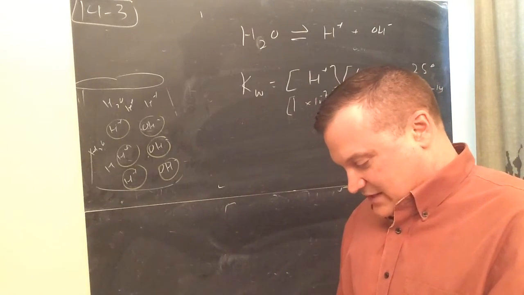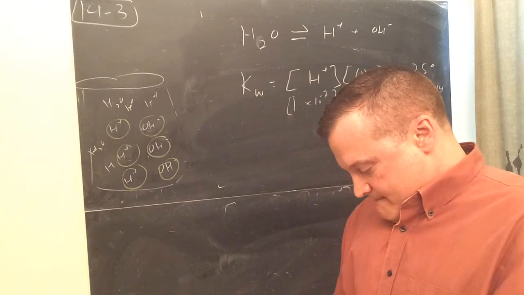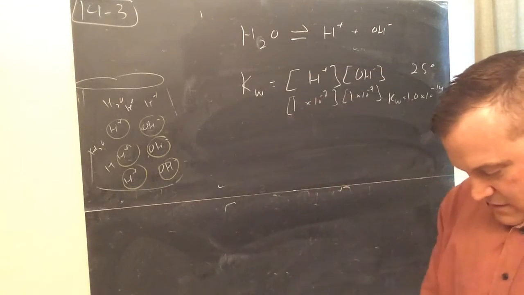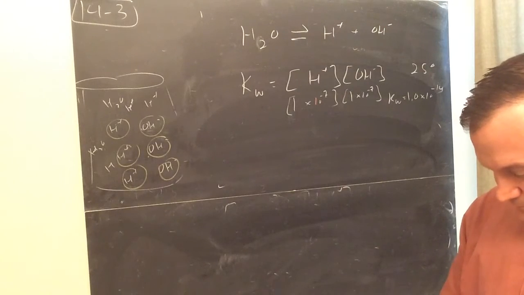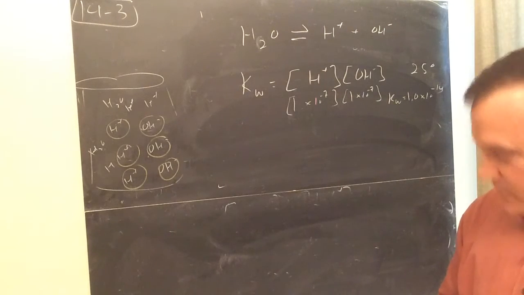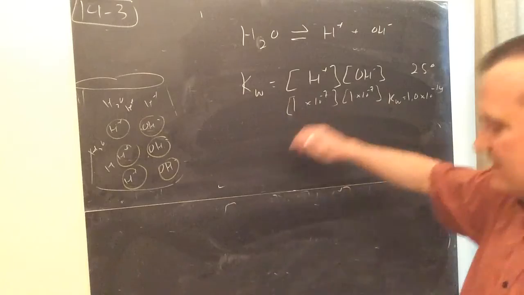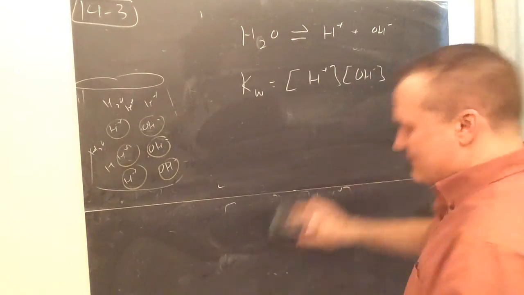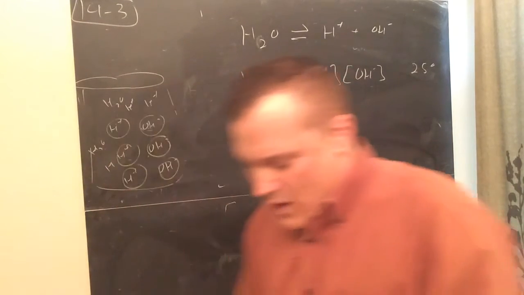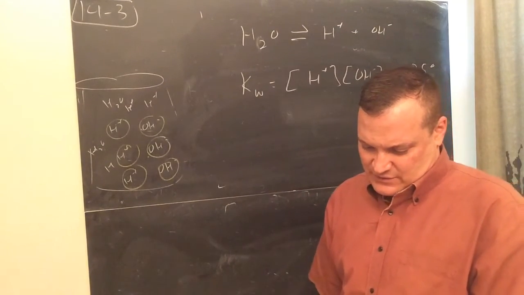All right, so back to this again. What did I do with my page? Okay, there we are. So the water dissociation constant Kw is that, 1 times 10 to the negative 14 at 25 degrees Celsius. Now, what would happen if you changed? Do I want to talk about that yet?